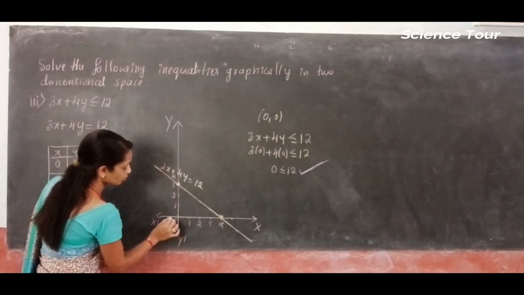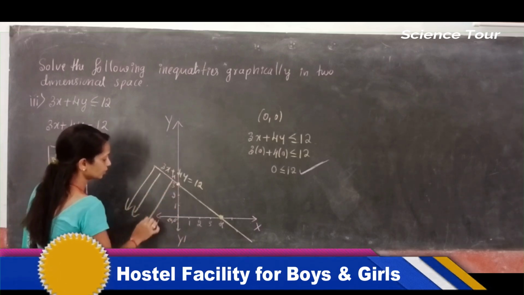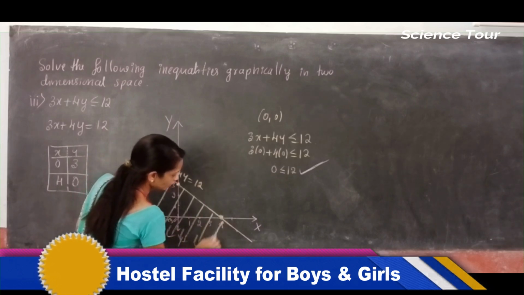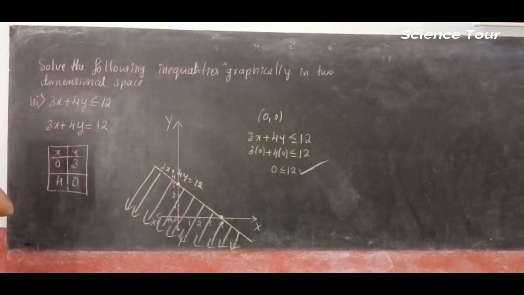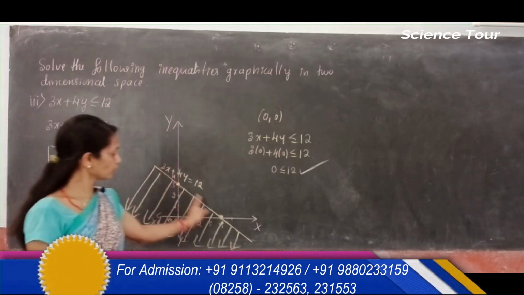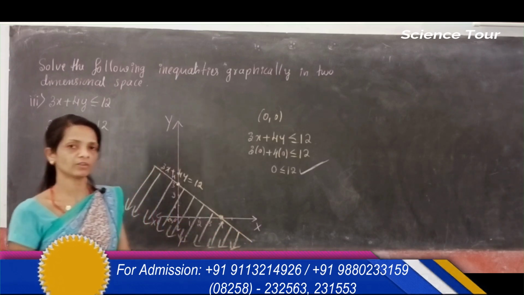This is your checking point 0, 0. So you have to shade the lower half plane, and this will be the solution region for the given inequality 3x plus 4y less than or equal to 12. And points on this continuous line are also solutions of the given inequality.